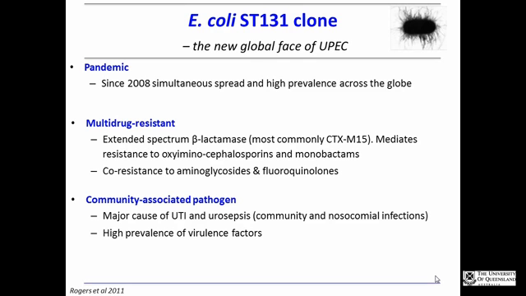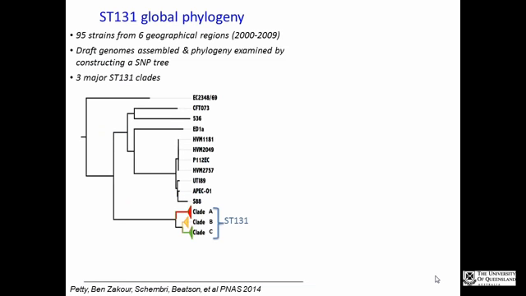So there's not much in the armory of antibiotics that we have that are able to treat infections caused by this clone of E. coli. They cause both community and hospital-associated infections, UTI and urosepsis, and they have a high number of virulence factors, those factors that I just pointed out to you in the previous slide.